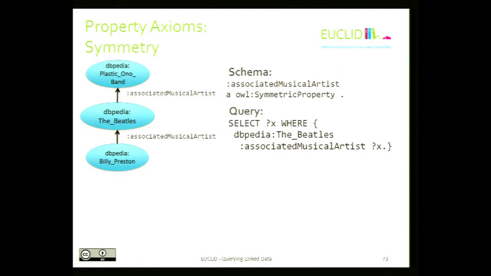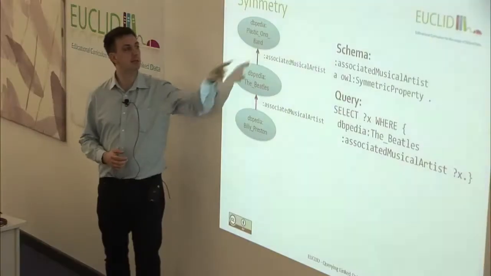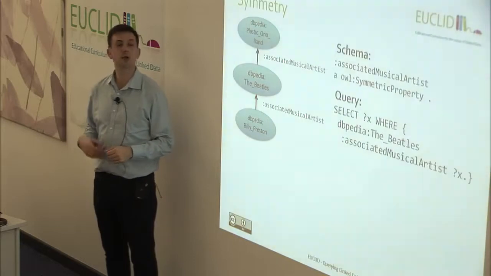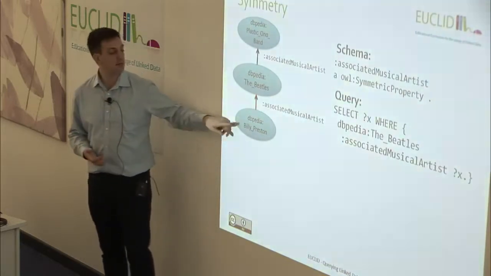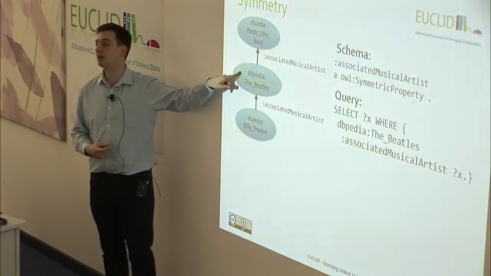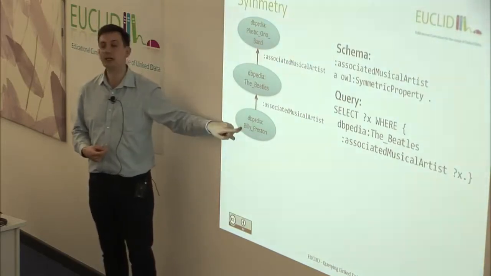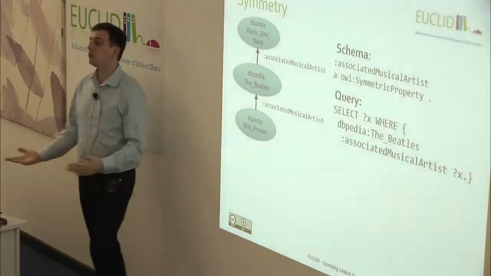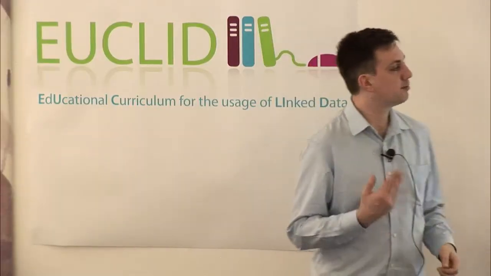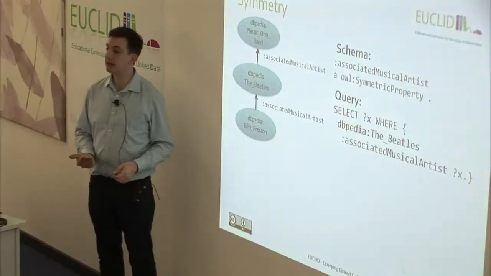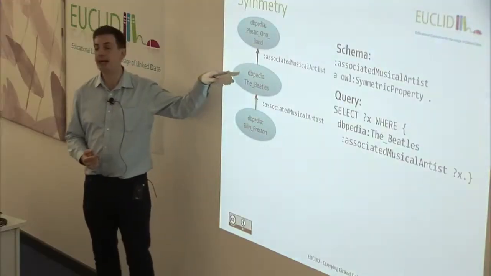Similarly, if we wanted to introduce a new relationship between music artists called associated musical artist, well, if Billy Preston is associated with the Beatles, then the Beatles is associated with Billy Preston. We don't want to have to assert both things. Instead, we say that the property itself is symmetric, and then if we assert one way, we infer the other way.